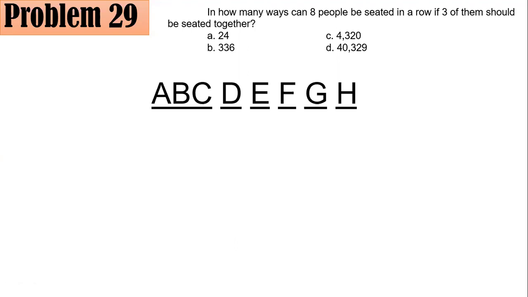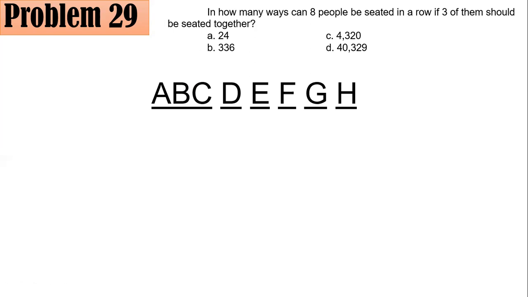To elucidate further what he said, let's say that these 8 people are A, B, C, D, E, F, G, and H. Since these 3 people have to appear consecutively, you take them as one. There's a love triangle there. Kidding. So these 3 are together, so you take them as one slot, and the others are taken as separate slots.